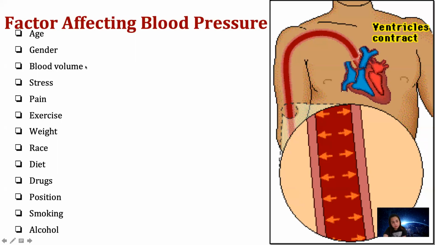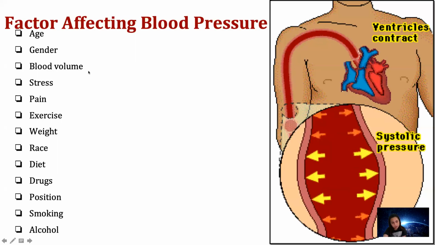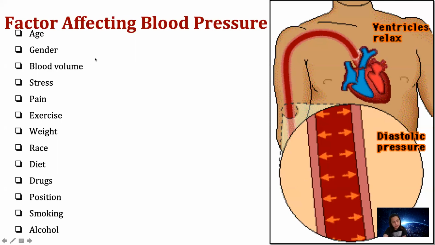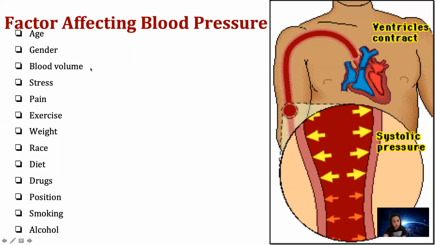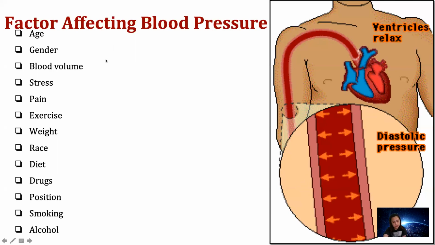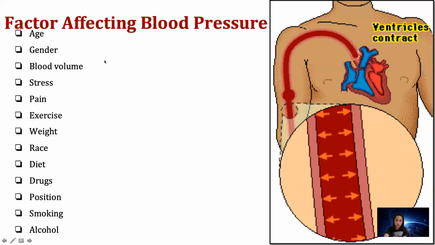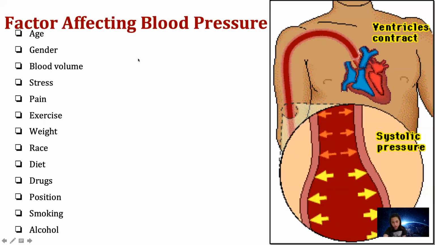Blood volume. Ano yung blood volume? Gaano ba karami yung blood mo sa katawan, or the amount of blood na meron ka sa katawan? Guys, always remember that your blood volume is equal to your blood pressure.